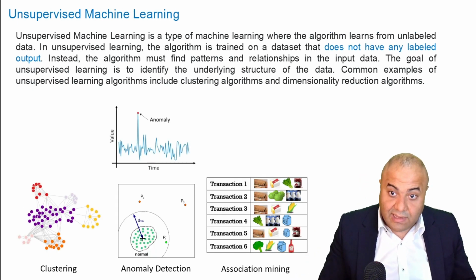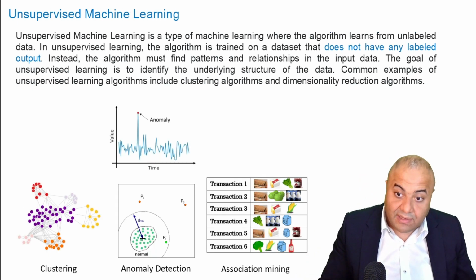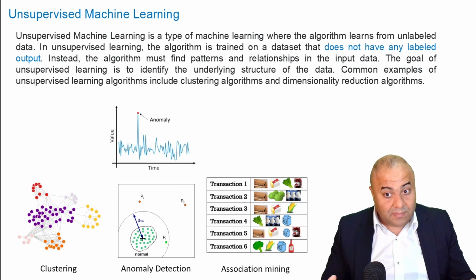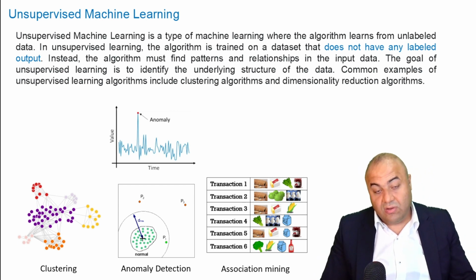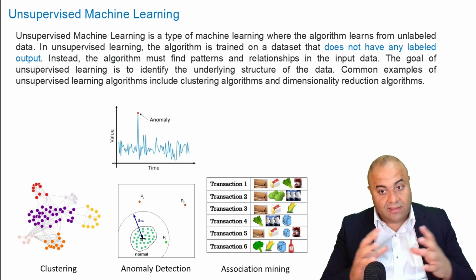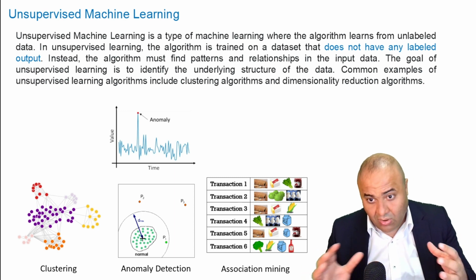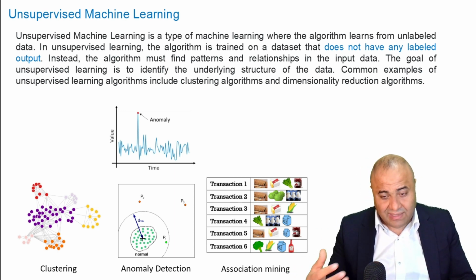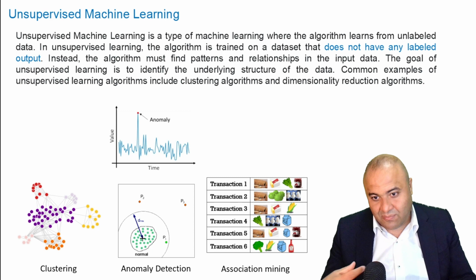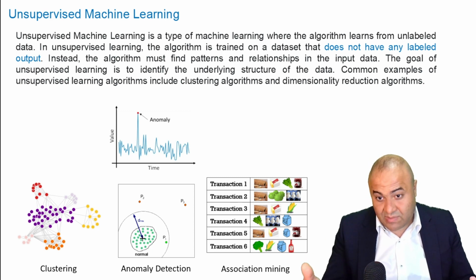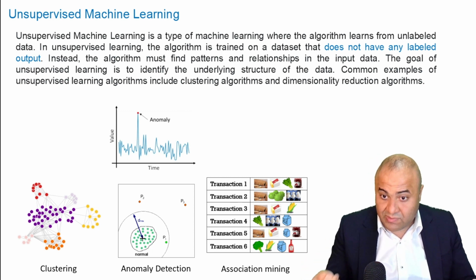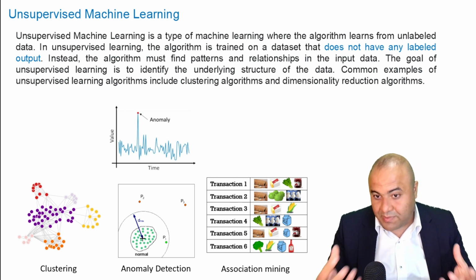On the other hand, in unsupervised machine learning, you have data, but it's not labeled. Of course, in all machine learning we as humans teach the computer what to do, so we are kind of supervising everything.